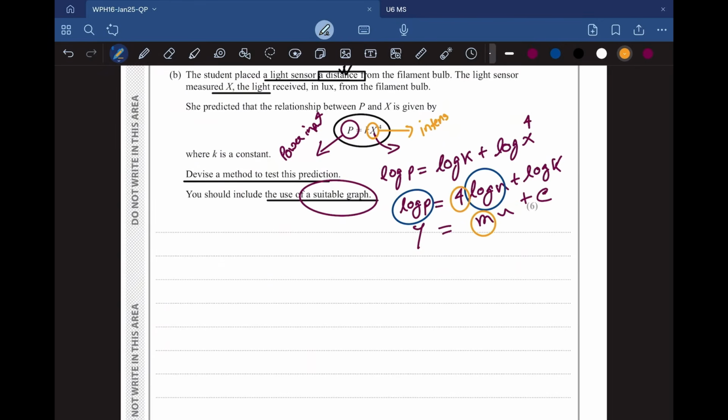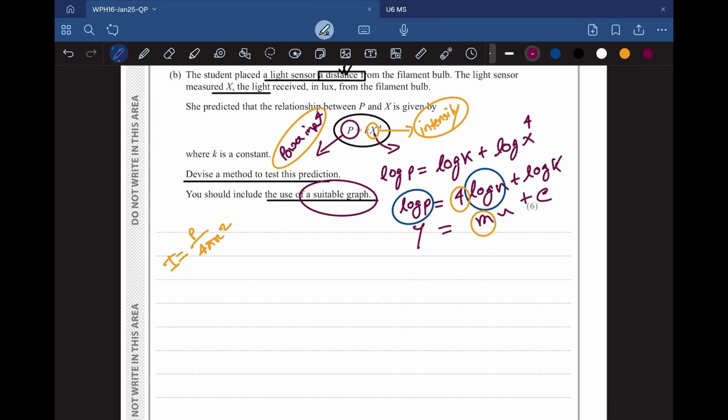This x is my intensity. So basically, by looking at the power input, how much power has been given, we are actually looking at the intensity. We know intensity is equal to power divided by 4 pi r squared.